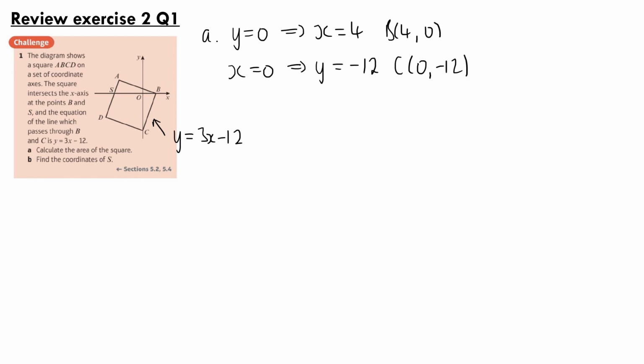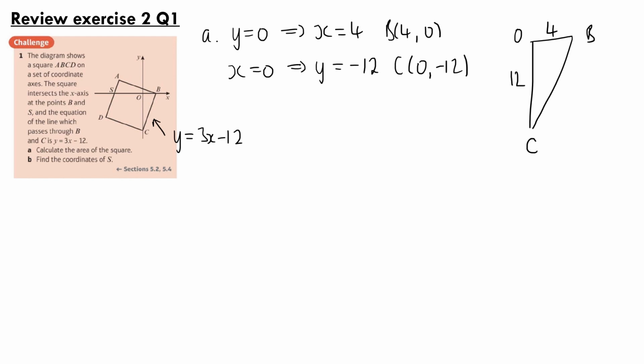Okay, so to find the area of the square, all we need to do is find the length of one side, and we can find the length of BC using these coordinates here. So if we think about the triangle OBC, that looks something like this. And we know that B has the coordinates (4, 0), so this length here is 4, and the length of OC will be 12.